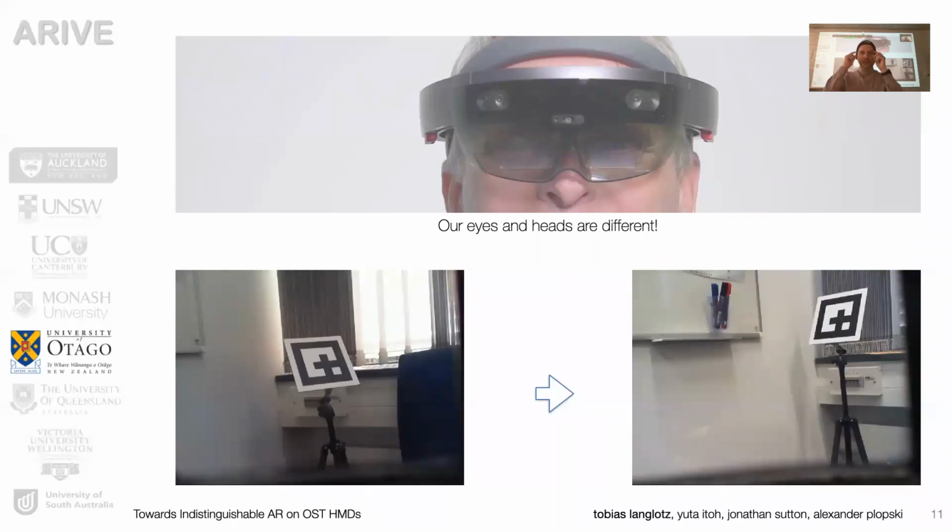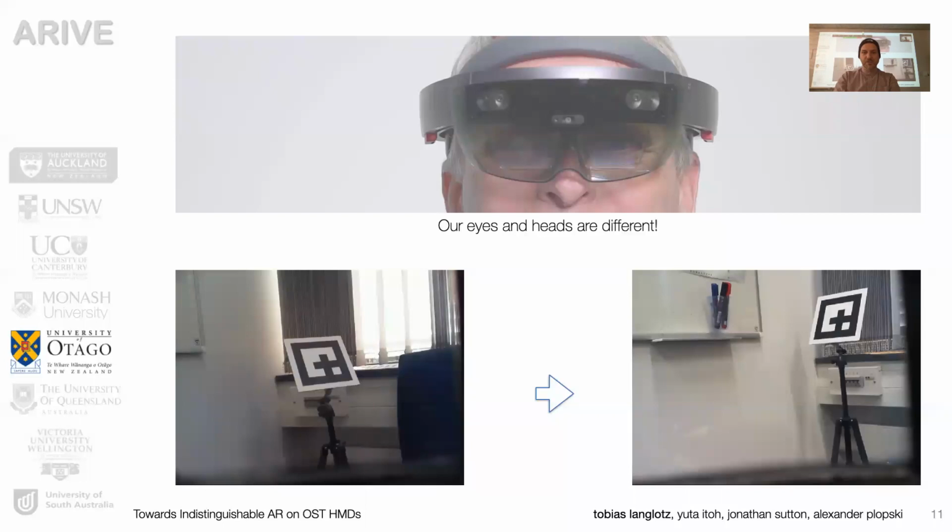Moreover, my eyes have a slightly different distance, and they're differently positioned with respect to the display. Most of the displays, like the HoloLens, don't take this into account. What they take into account is interpupillary distance, the distance between our eyes. But again, if I wear it slightly off and move it, for example, because I scratch my nose, that is not corrected. And that leads to misregistration, or errors in registration.